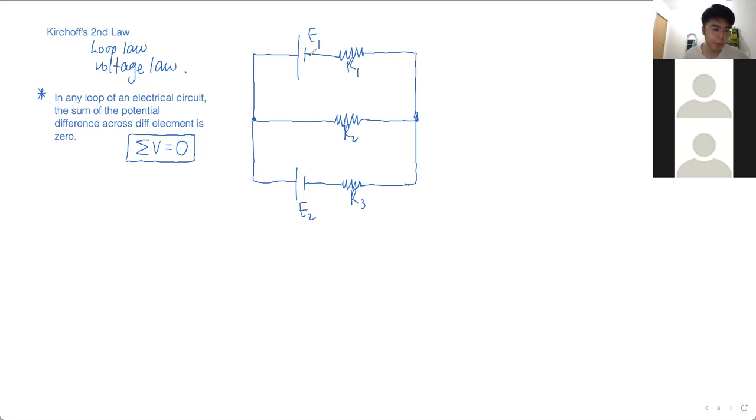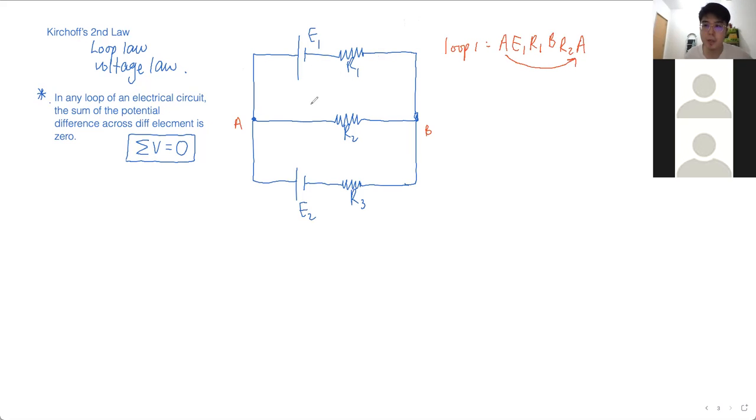When we look at one loop, let's pick any random loop. Okay, point A, loop number 1. We choose A, E1, R1, B, R2, now come back to A. This is loop number 1.